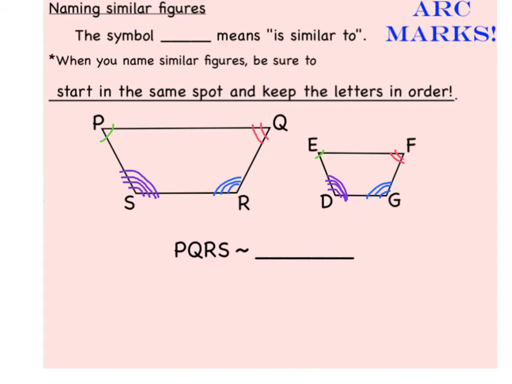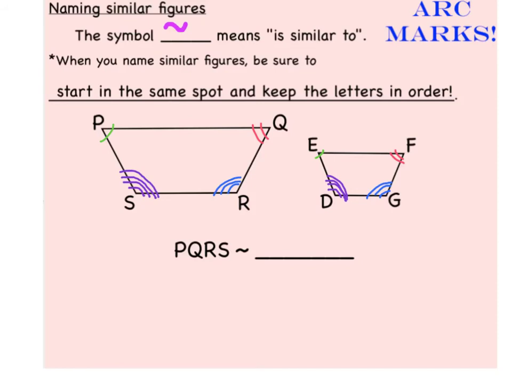All right, moving ahead in our note-taking packet, we're going to switch gears and take a look at naming similar figures. The symbol that looks like this means is similar to. When you name similar figures, you need to make sure you start in the same position and keep the letters in the same order. Okay, you can see that I've already gone ahead and put my arc marks on my figure, and I'd appreciate it if you did the same.